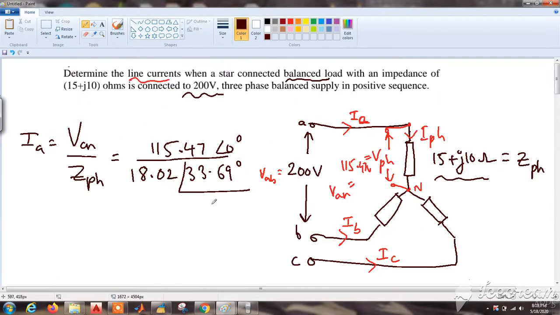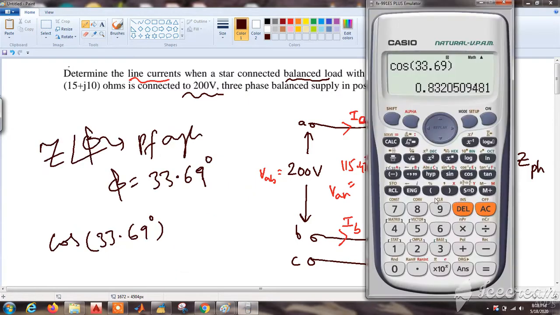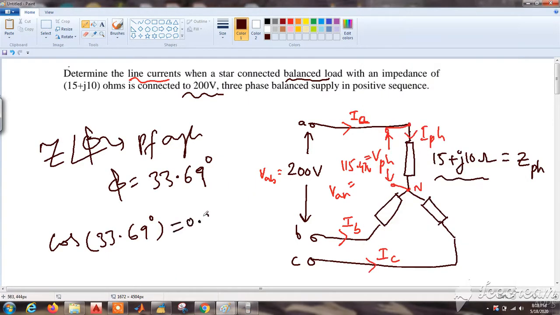Now in this question, if we want to find the power factor also, we can calculate it. We know that the polar form of impedance is Z angle phi, where phi is the power factor angle, and we have got phi as 33.69 degrees. So what is the power factor? Cos phi is the power factor. So cos of 33.69 degrees is 0.83 lag. Why lag?